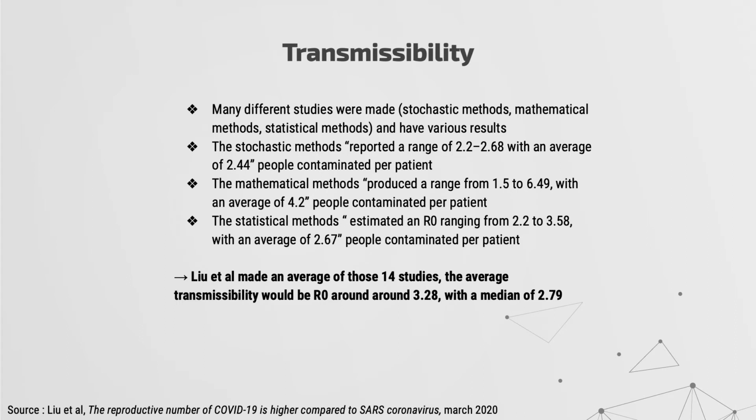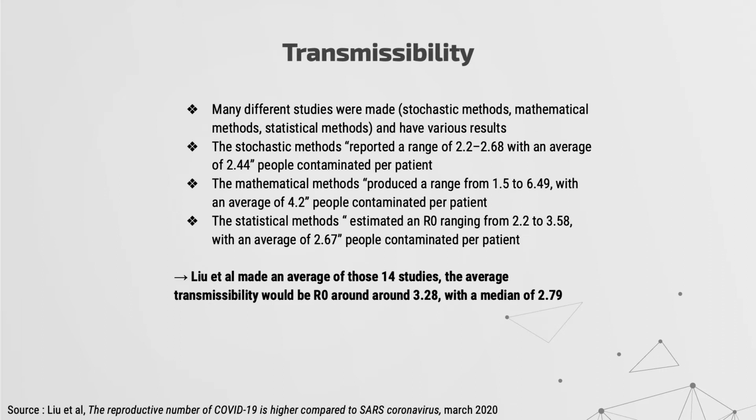Then, concerning the transmissibility, various studies were made about that using different methods. However, there is a study which has been made recently which synthesizes different studies using different methods. So this final study made by Leo is interesting because it enables us to have an overview and an average number.